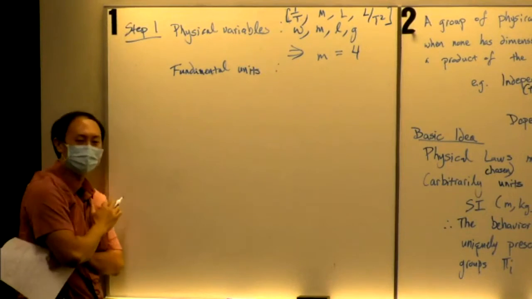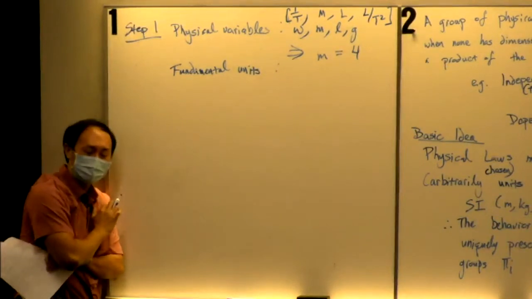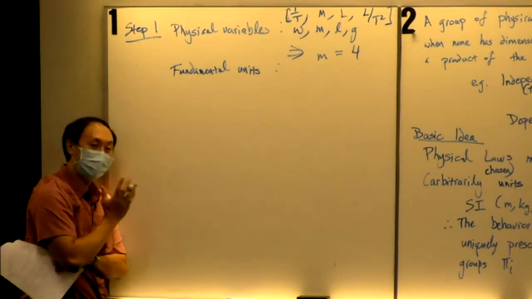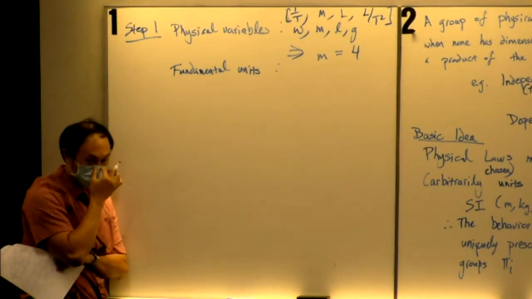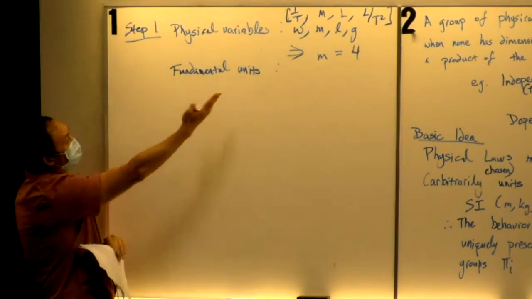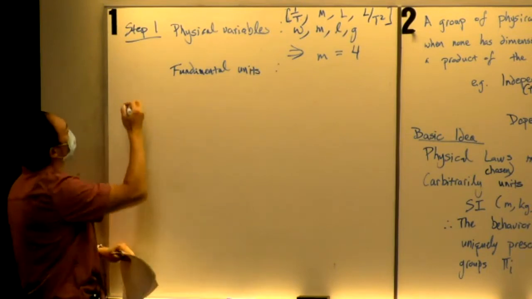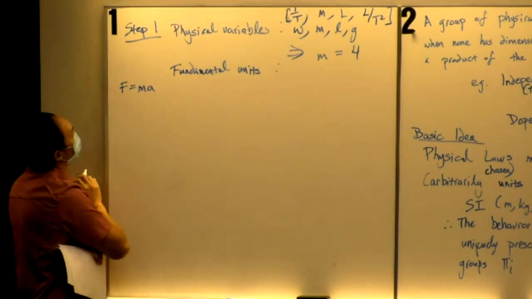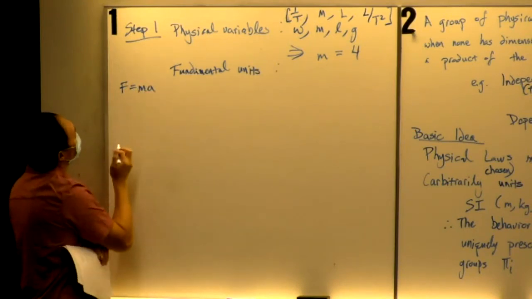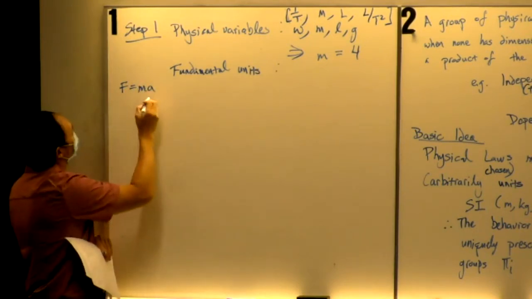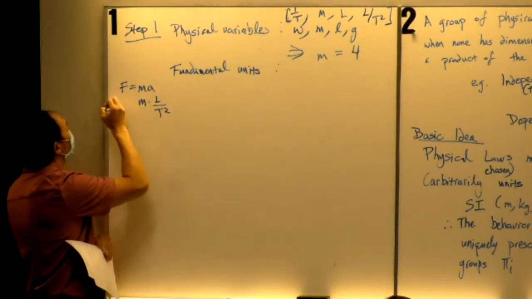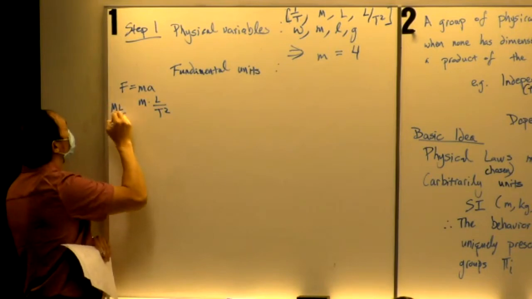That's actually a tough one. A lot of people don't remember the units of gravity or acceleration. And I always forget these two because my memory is just terrible. The way you remember the units is you remember the following equation: F equals ma. Okay? So this is mass length over time squared, and this is mass length over time squared.